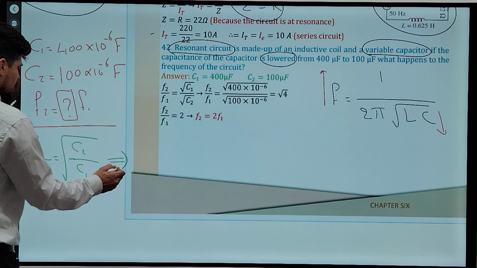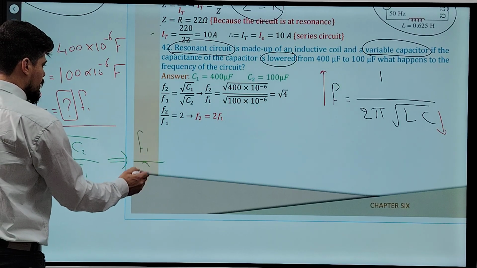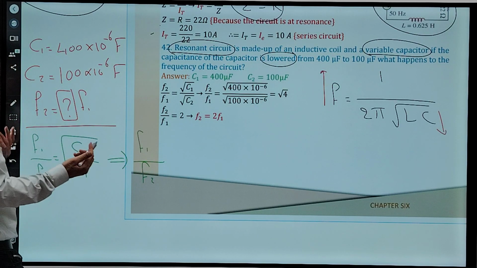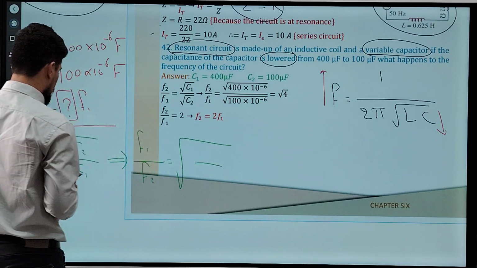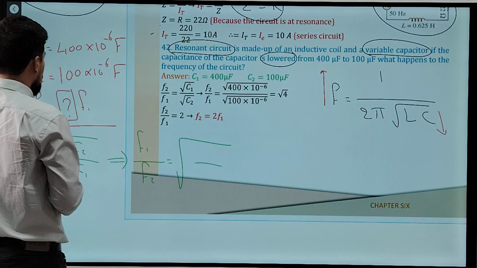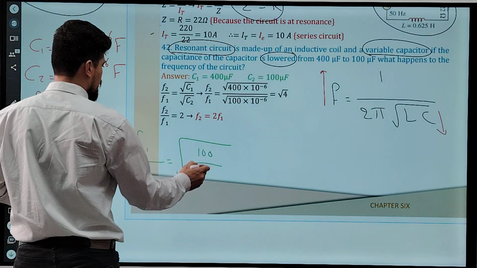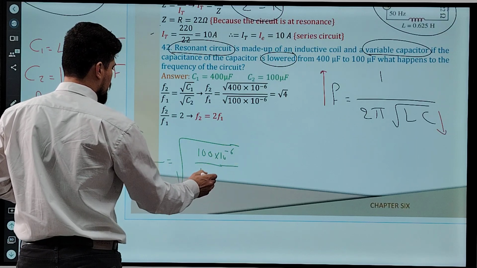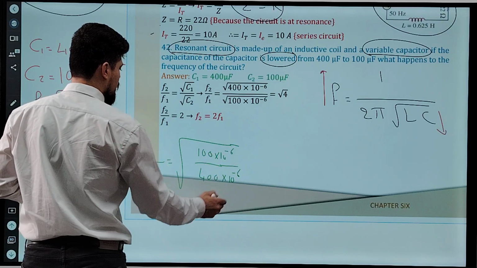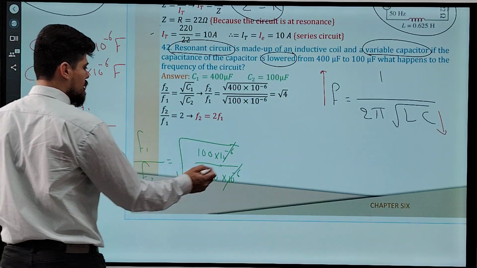Be careful. So F1 over F2, or F2 over F1, it's up to you, is equal to what? Is equal to C2, which was given, 100 times 10 to the power negative 6, divided by 400 times 10 to the power negative 6. Negative 6 cancel with each other.